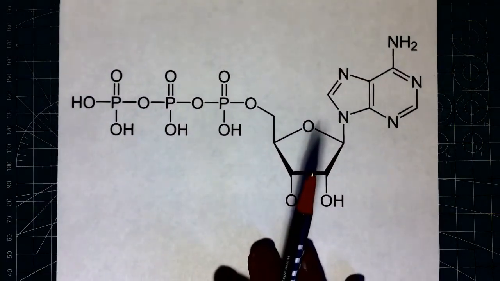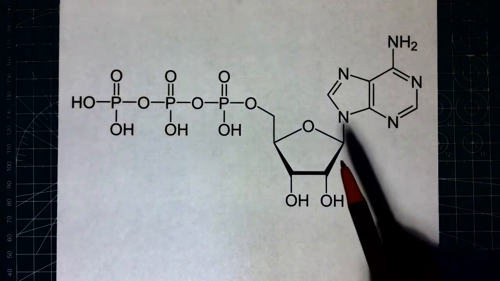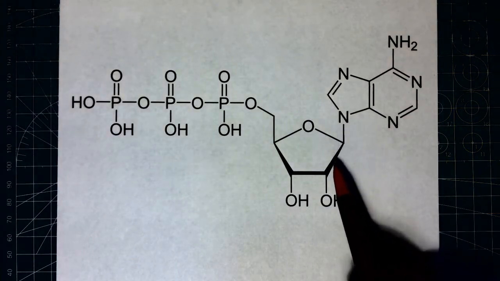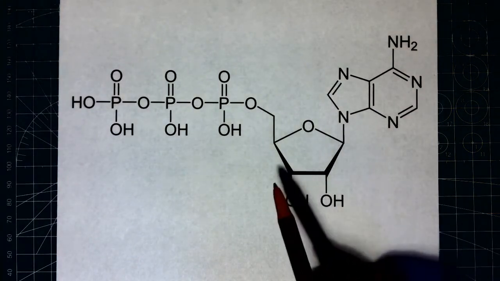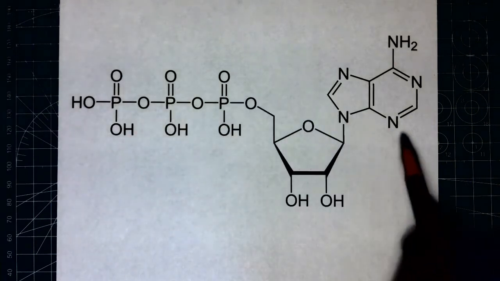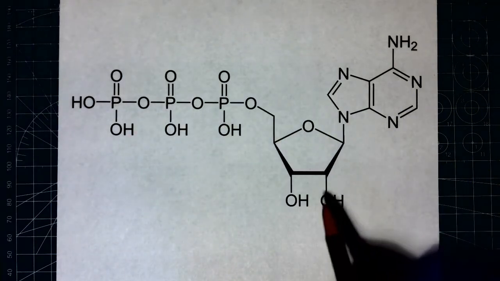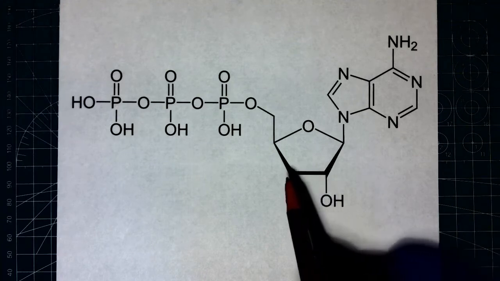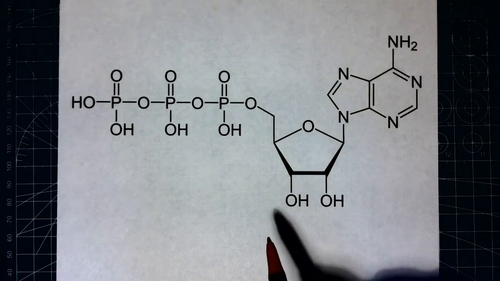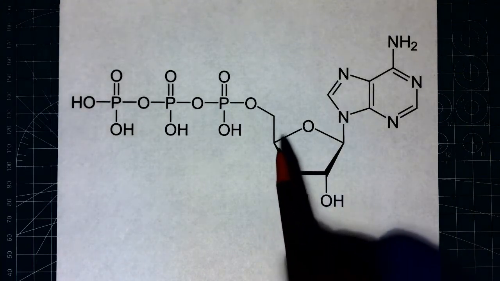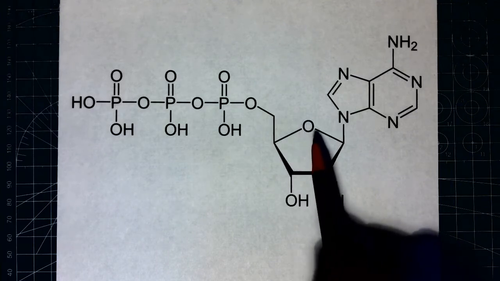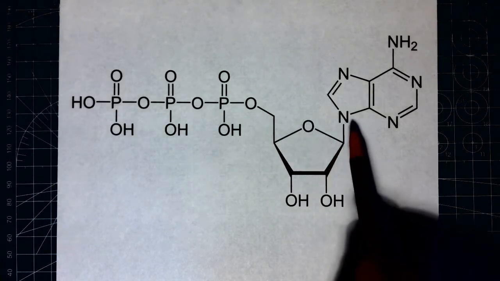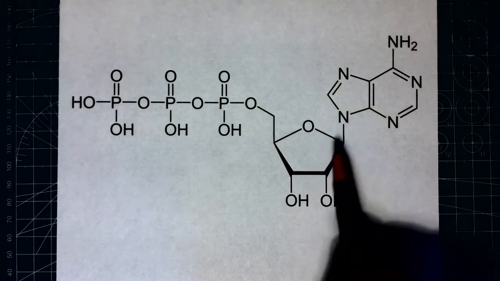I also want to note really quickly just a little something about how this is all drawn out here. This is something you're going to need to become familiar with if you want to continue on into organic chemistry. Each one of these lines is indicating a chemical bond.